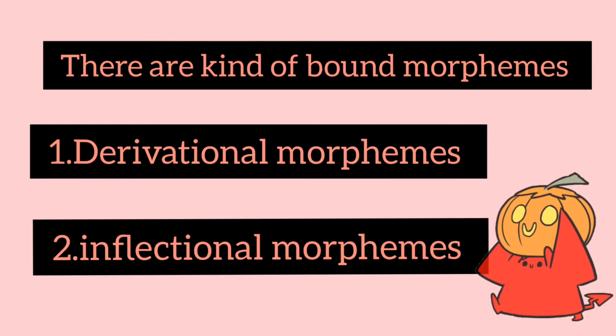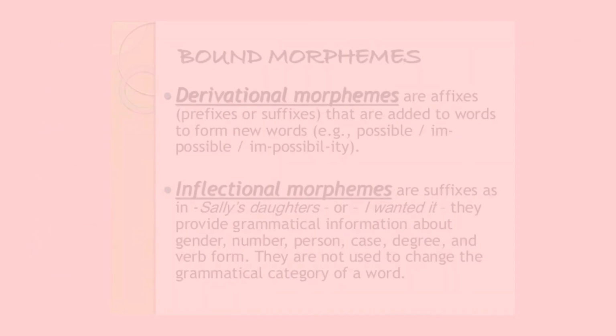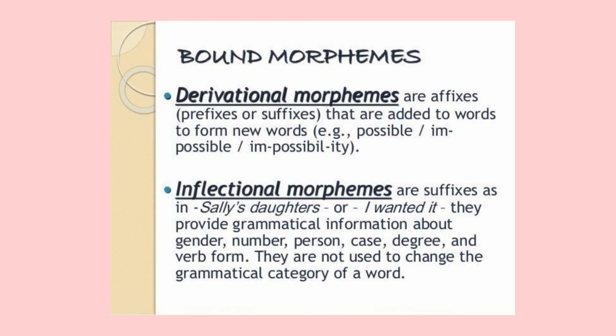The first, derivational morpheme, and the second, inflectional morpheme. The derivational morpheme changes a word's meaning by changing the word category: noun becomes verb, verb becomes adverb. And inflectional morpheme changes a word's grammatical purpose: a word becomes plural, past tense, or can be used to compare.